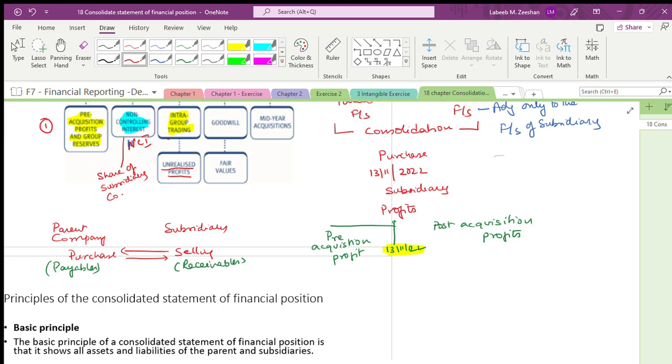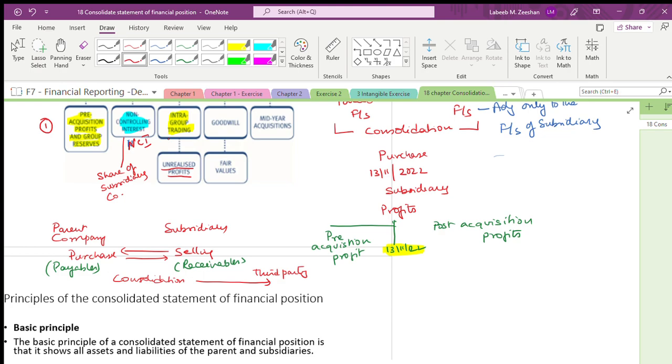Once we are making a consolidation, unless it is sold to a third party, it should not be realized as a profit. Whether the subsidiary sells to the parent company or the parent company sells to the subsidiary, there will not be any profits once you are coming together.